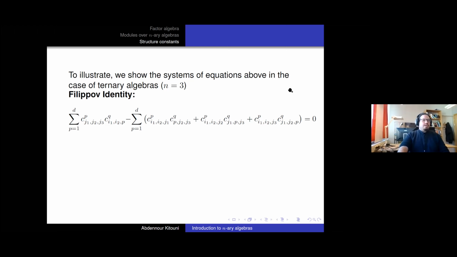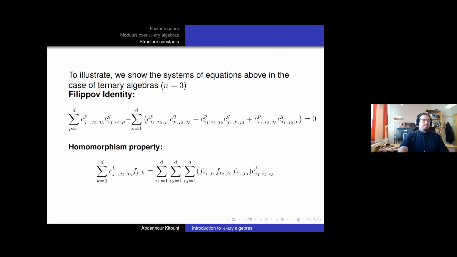And the morphism property here, for n equal to 3, I only have 3 sums. So this number of sums is exactly the n-ary of the algebra for that case. So for binary algebras, I would only have a double sum in here. And for a ternary algebra, I have 3 embedded sums.